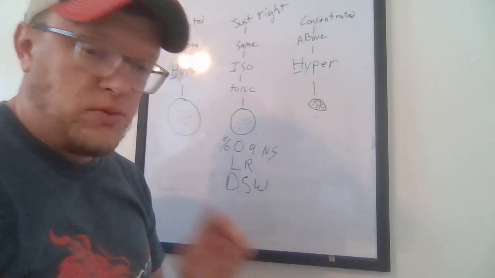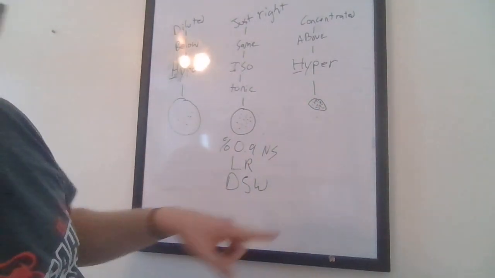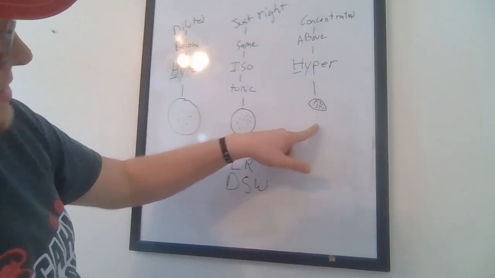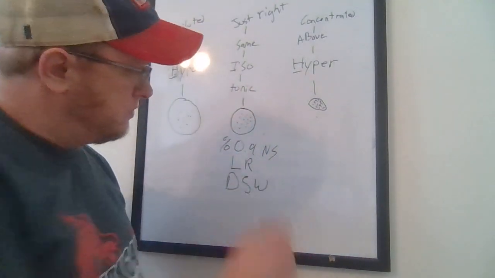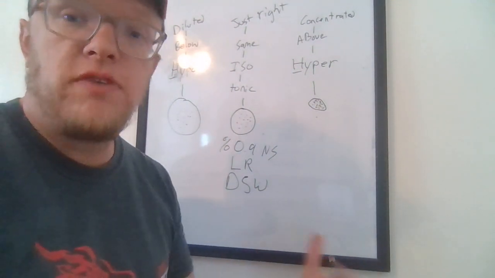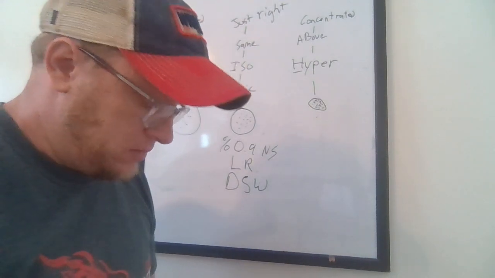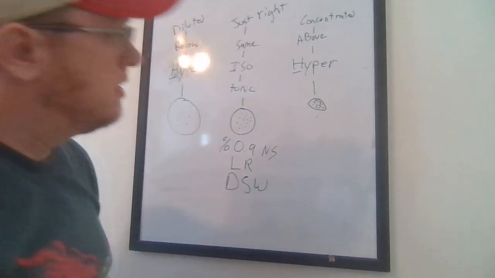Now, there's a risk with all of these that we give. If we give this type or this type, we are worried about fluid shift. This one, we're worried about giving them too much and causing fluid volume overload, and we're going to talk about that in just a second.